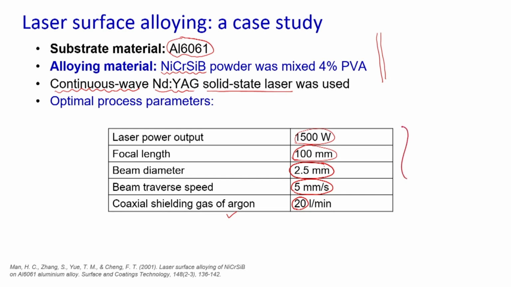So, these are the optimal levels of parameters which are generating a good quality alloy.